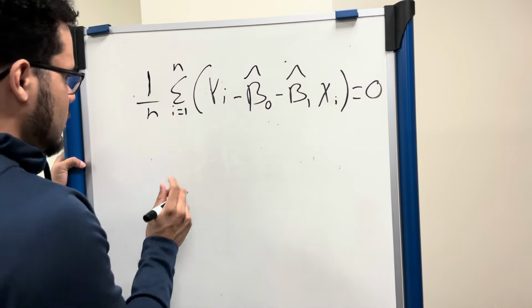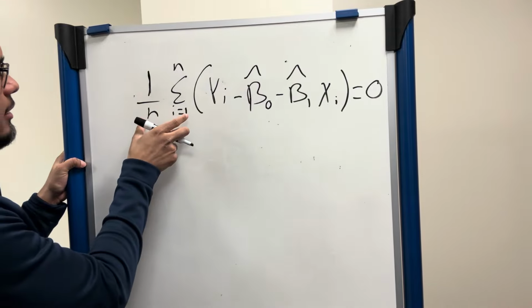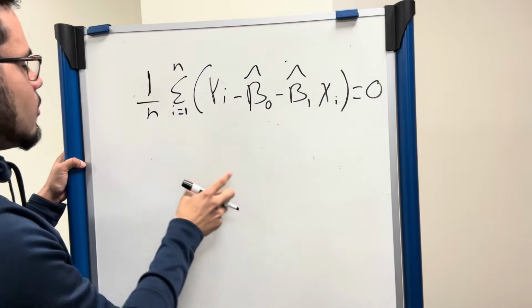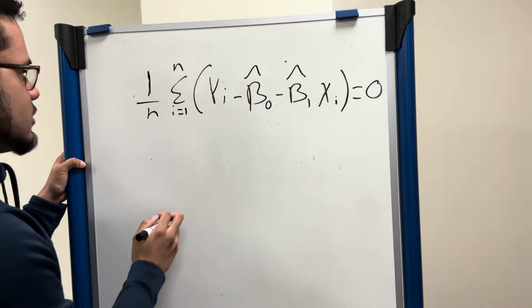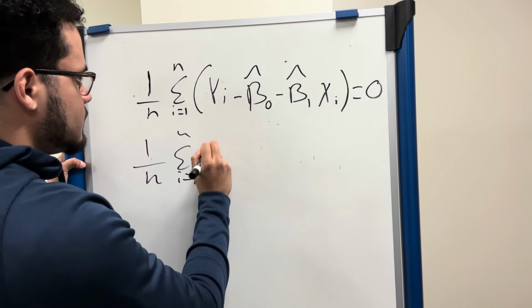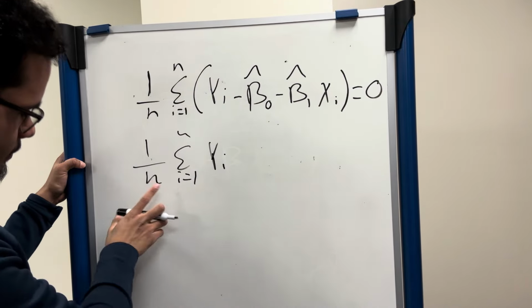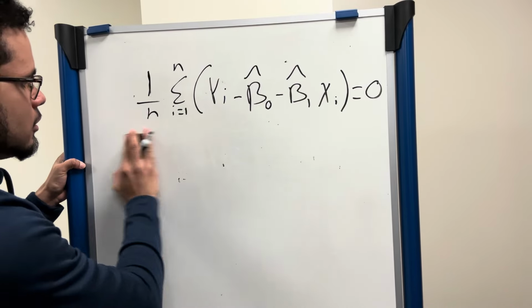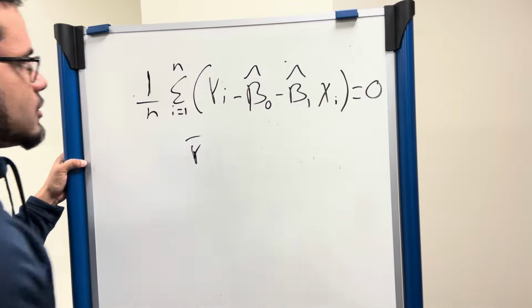So logically, in statistics, it follows that if we evaluate these two as an average, if we add up n number of y i's and then divide that by n, this just turns into a sample average.